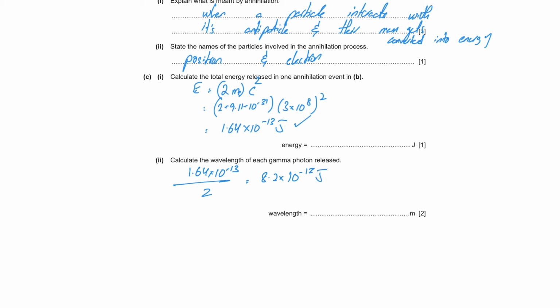Now we can use this along with the equation E is equal to hc over lambda to get the wavelength. The energy is 8.2 times 10 to the power minus 12. h is our Planck constant, 6.63 times 10 to the power minus 34. c is the speed of light, divided by the wavelength. We'll make lambda the subject of our equation. We'll rearrange, and that gives us the wavelength equal to 2.43 times 10 to the power minus 12 meters.